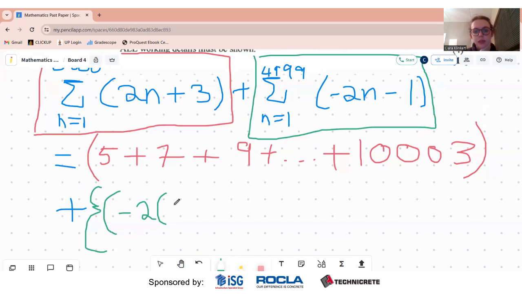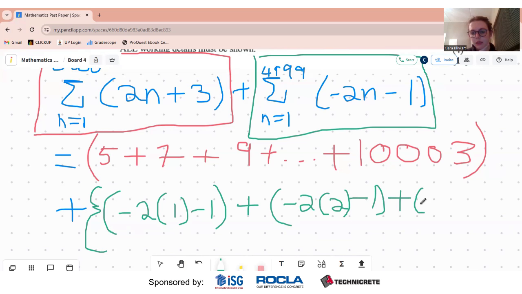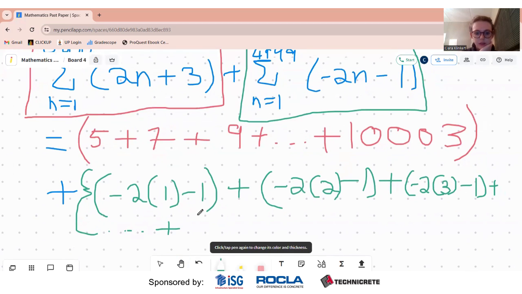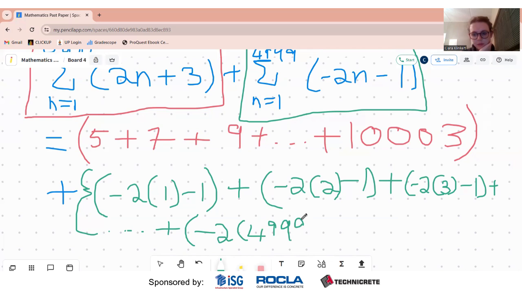Minus 2 times n, which is 1 in that case, minus 1, plus minus 2 times 2, because we're in the second position, minus 1, plus minus 2 times 3, minus 1, plus, and then dot dot dot, plus, now I must calculate the value at position 4,999, minus 1.